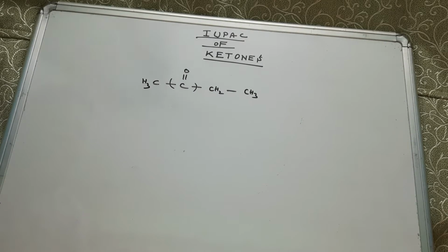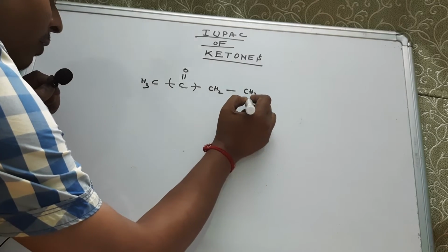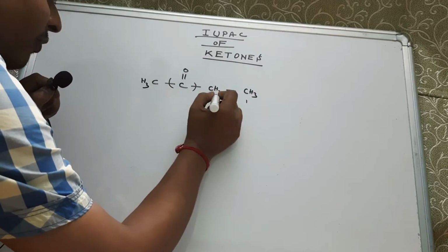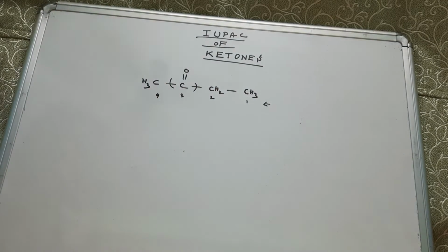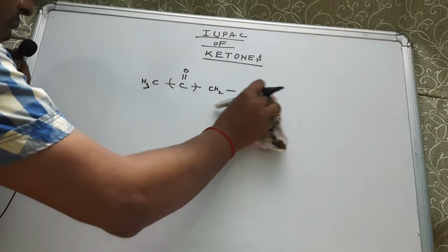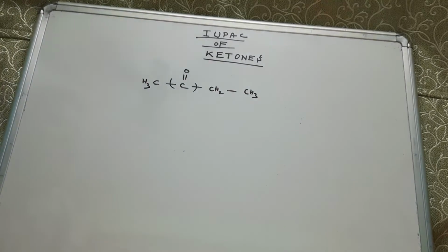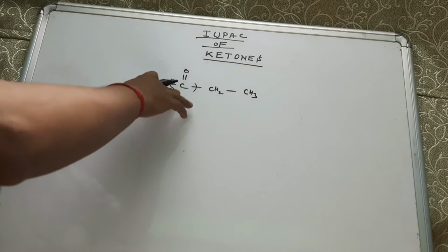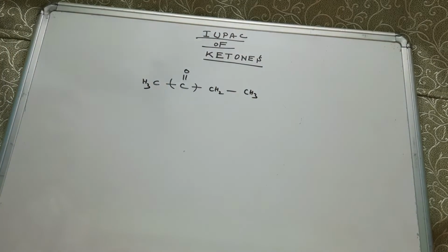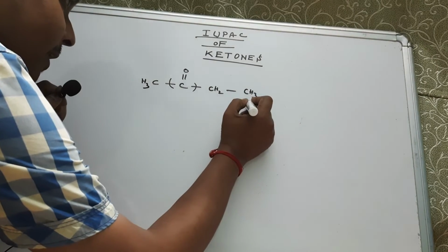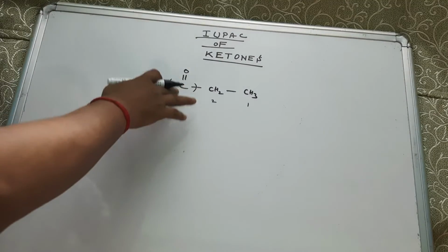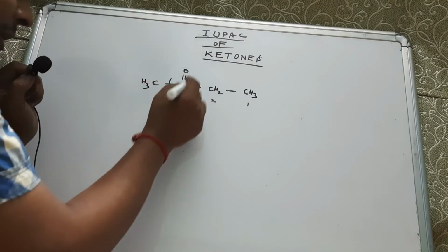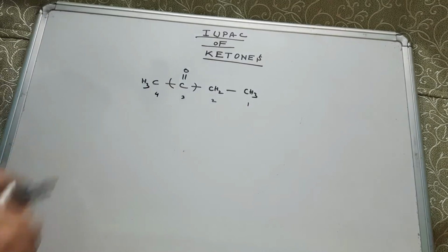And you may ask, sir, if we count the carbon chain from this side, then it is 3. But my dear friend, while numbering the long chain, you should start numbering where you can get the primary functional group earlier. If you start from here, then you get the keto carbon. Here the primary functional group is the keto group, and from the other side you would get the keto carbon atom at number 3.